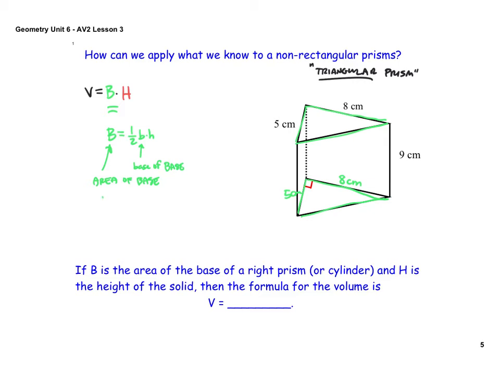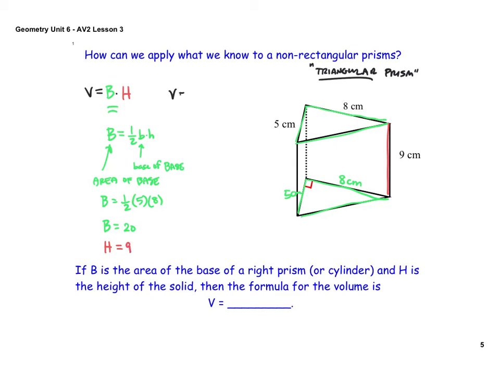All right, so let's find the area of the base using the lengths provided. Of course, 5 and 8, those are perpendicular to each other, which is great, which means that they would represent the base and the height. So the area of the base would be 20 centimeters squared. Now I'm going to leave it in that form, 20, and look at the height. And the height is the distance between the bases, which in this case would be 9.